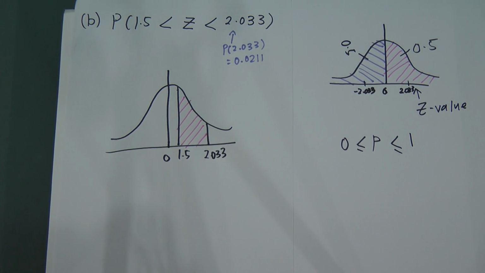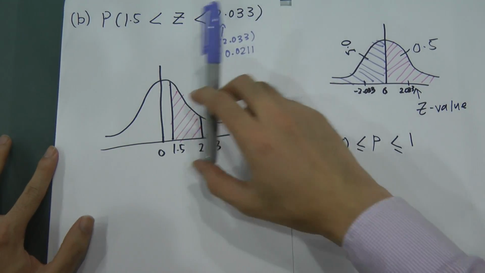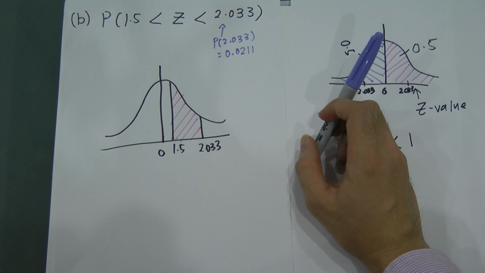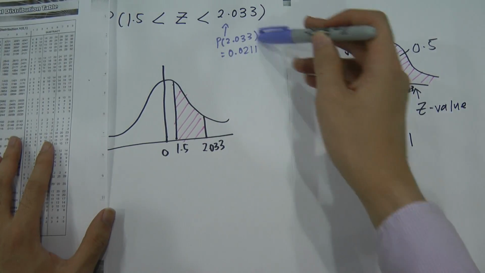Therefore, if you want to find this area, this one you must remember: in this table, all the values you find here are like z is bigger than something.